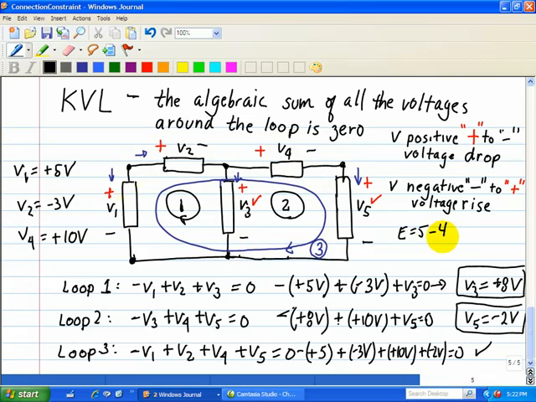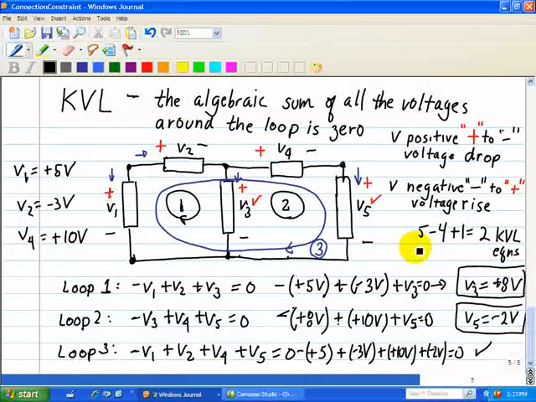So we subtract 4, and then we add 1, and then we need only 2 KVL equations. Again, E is the number of elements, which is 5, so our generic formula would be E, the number of elements, minus n plus 1 is equal to the number of KVL equations, and in this case it's 2.